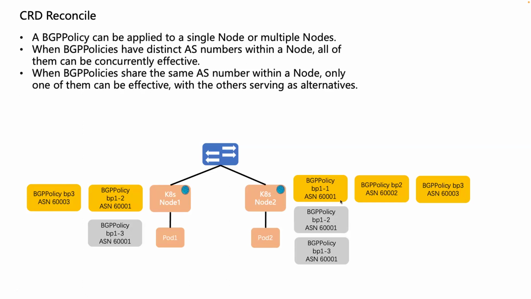I'm not well familiar with BGP, so maybe it's a silly question. In fact, I'm not totally sure that we have such a case. For example, we may want to advertise pod CIDRs to peer A, and service IPs to peer B. So we need to use two BGP policies on a node.